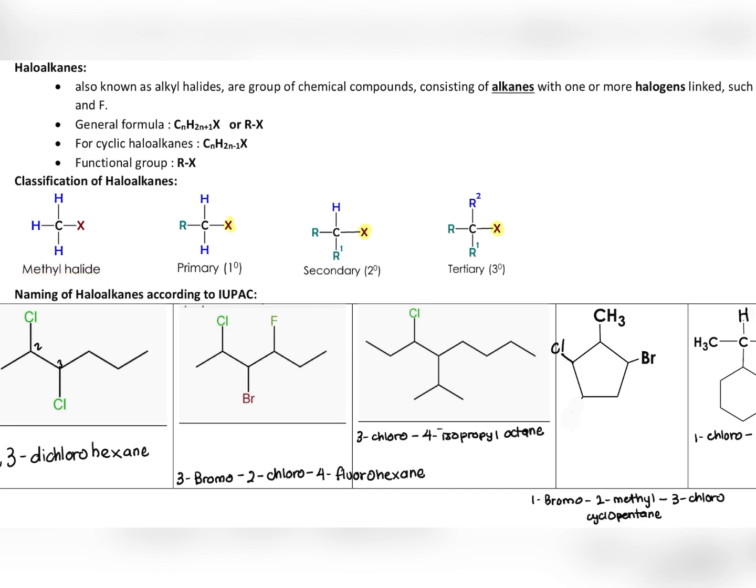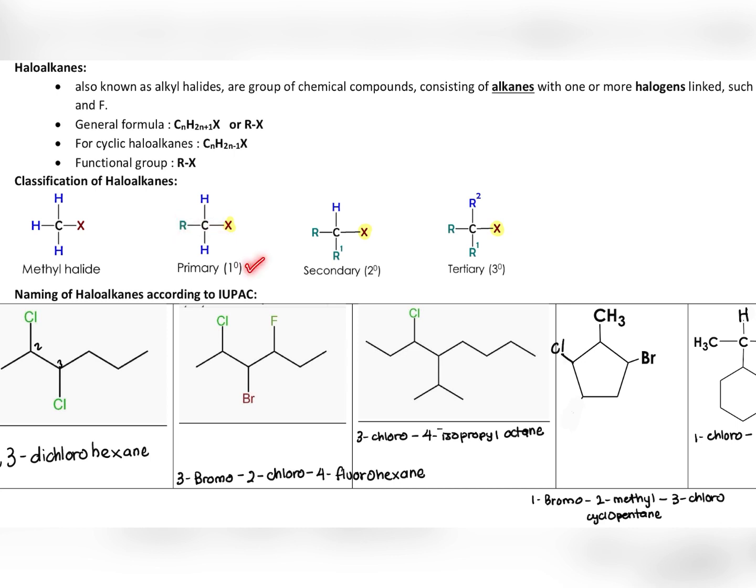Okay, so kalau primary pula, ingat 1. So means your halogen directly attached to carbon, and this carbon is directly attached to one alkyl group. Okay, so maksudnya 1 jiran carbon.